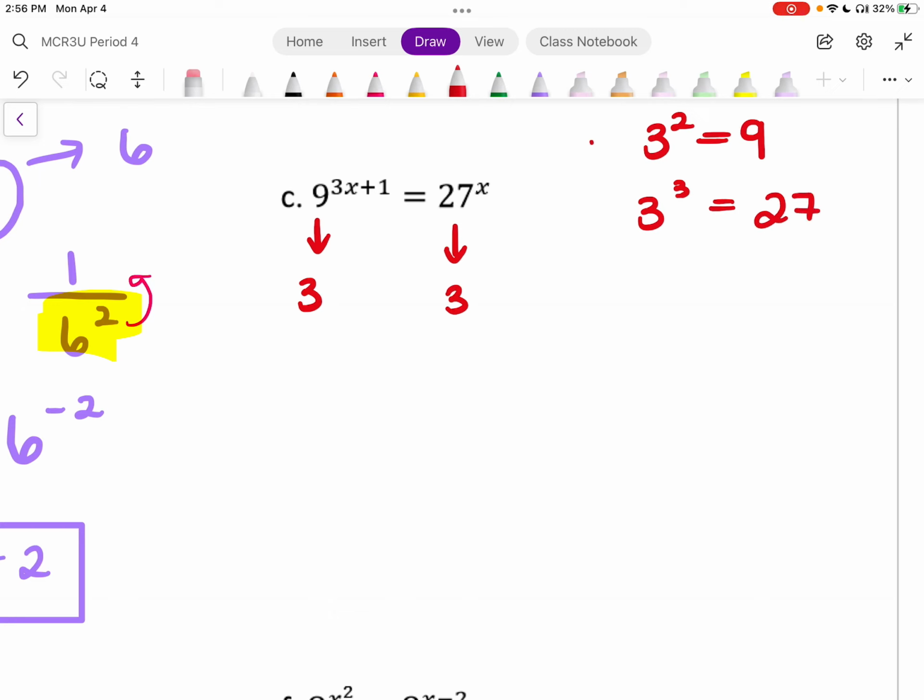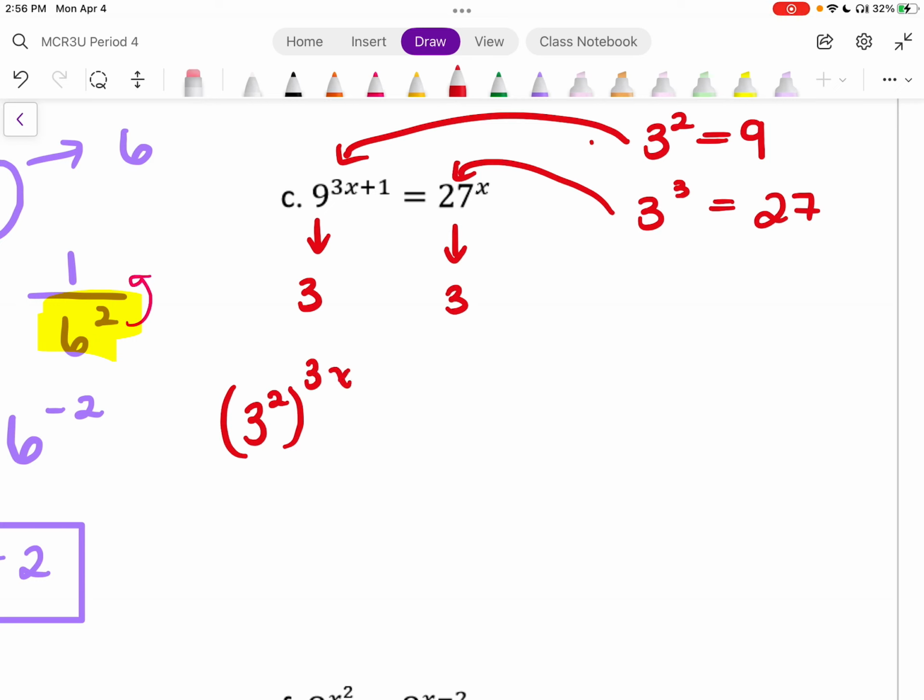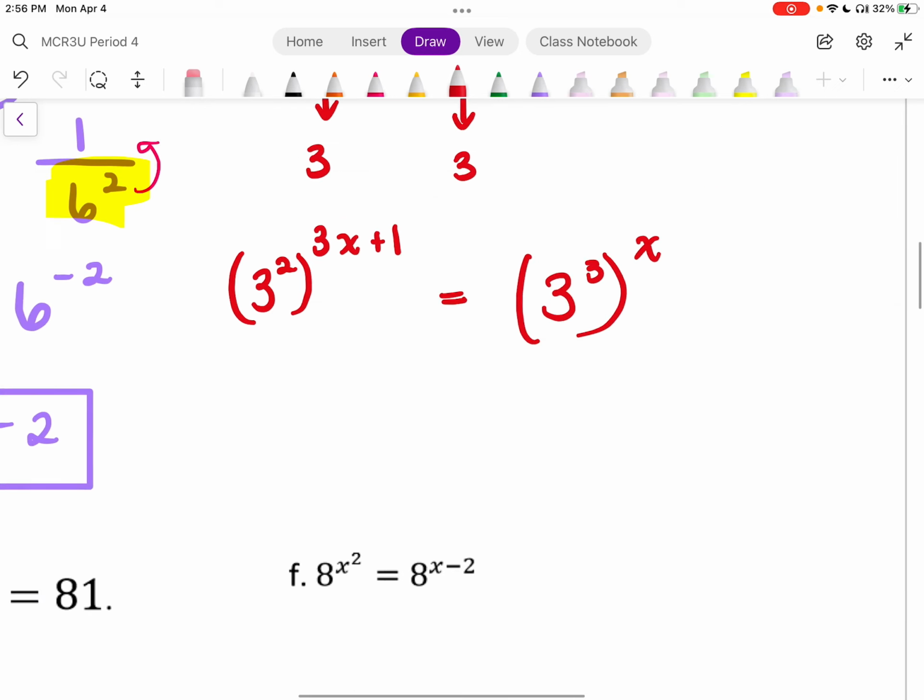So sub these values in for the whole numbers we have here, and every time we sub, we always want to make sure we put in a bracket, and then continue to write the rest of the exponent. 27 we replace with 3 to the power of 3, and we'll get that as the exponent x.